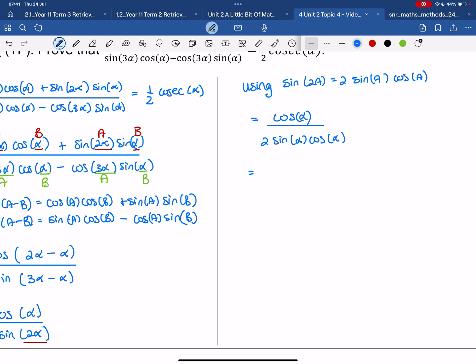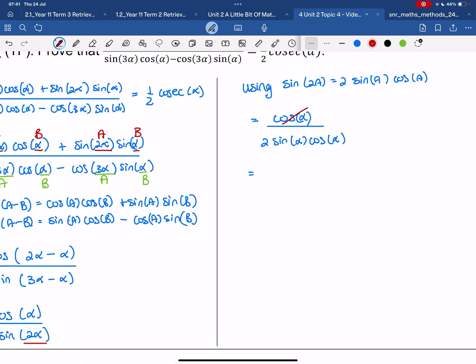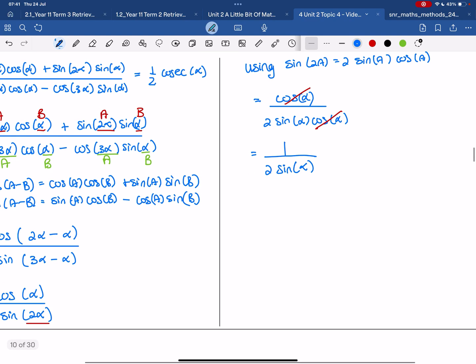And that's pretty cool because my cos of alphas can cancel, and that's going to be 1 over 2 sine of alpha, and 1 over sine of alpha is equal to cosec alpha. So that's a half cosec alpha, which is equal to my right-hand side.